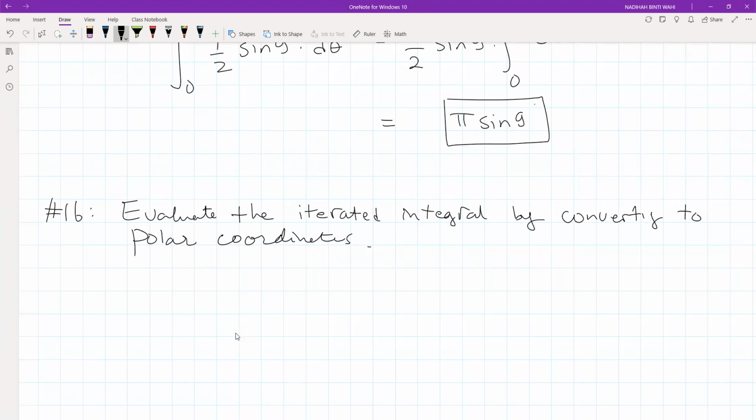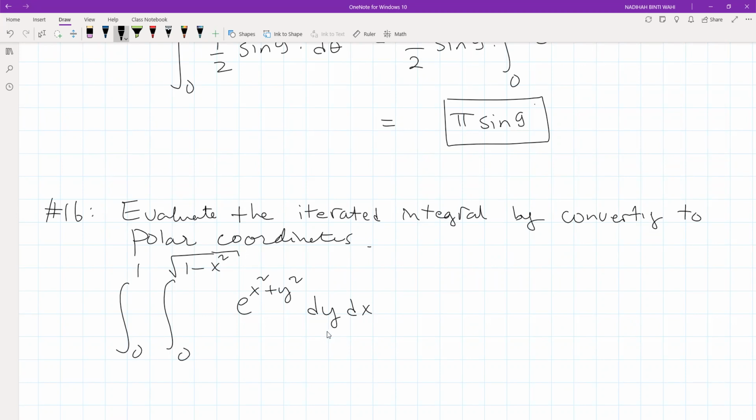Let's look at an example for number 16. Evaluate from 0 to 1, from 0 to square root of 1 minus x squared, e to the x squared plus y squared dy dx.